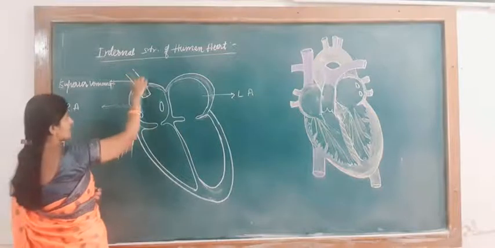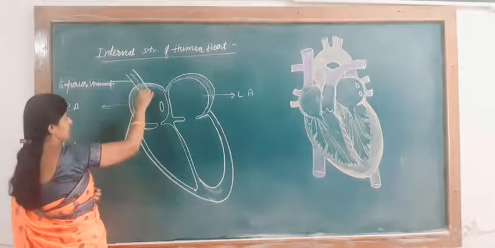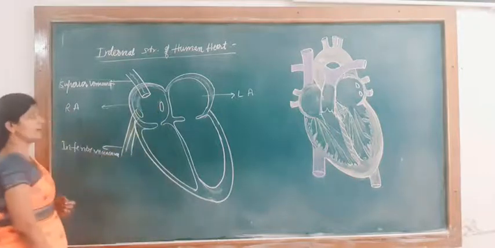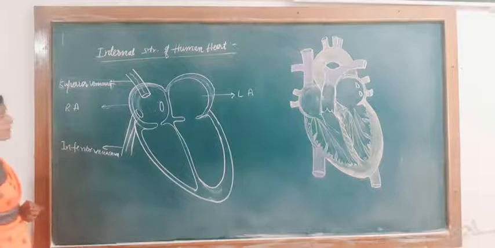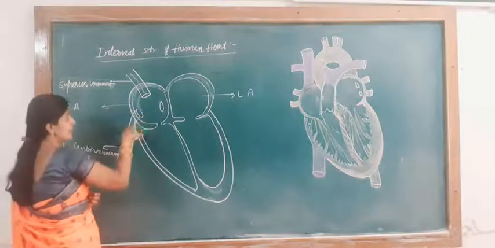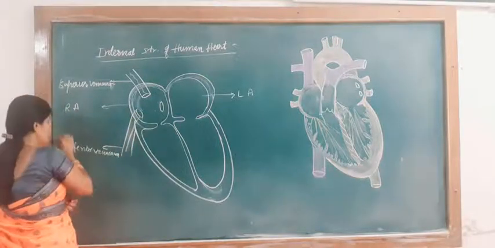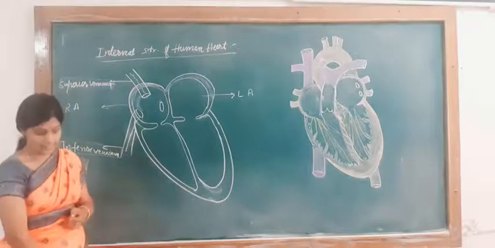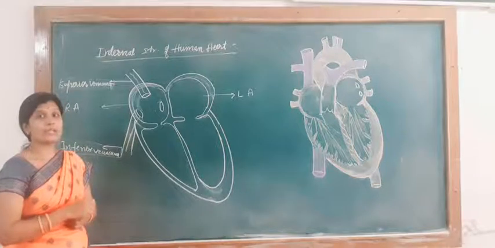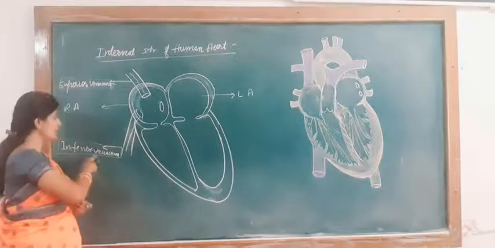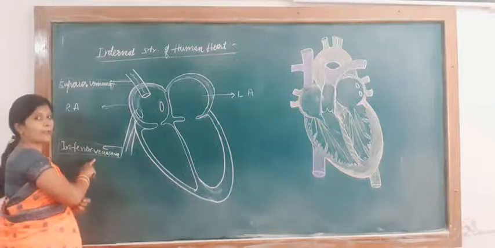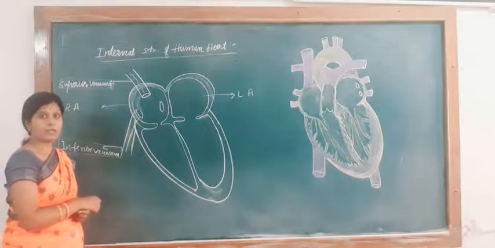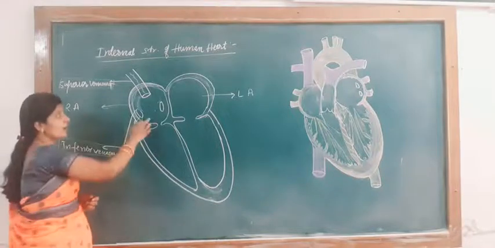The inferior vena cava brings the blood from the lower body parts like legs, and that deoxygenated blood is released into the right atrium. From two sides blood has come into the right atrium.